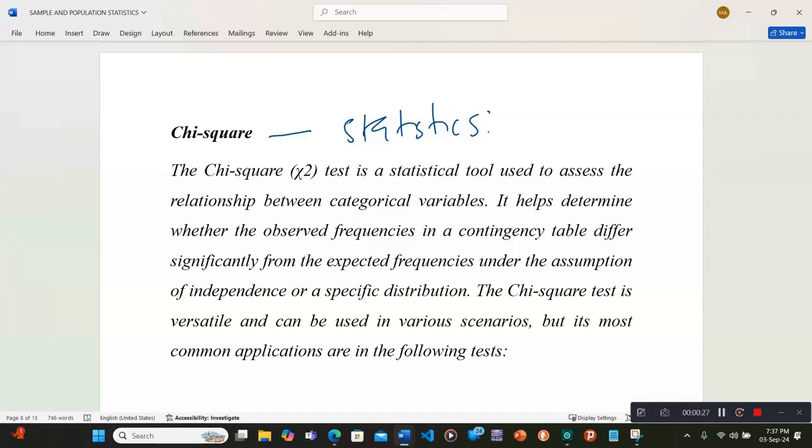It helps to determine whether the observed frequencies in a contingency table differ significantly from the expected frequencies under the assumption of independence or a specific distribution. The chi-square test is versatile and can be used in various scenarios, but its most common applications are as follows.